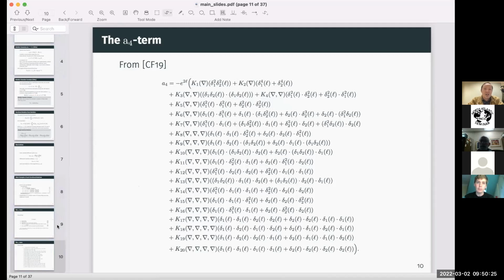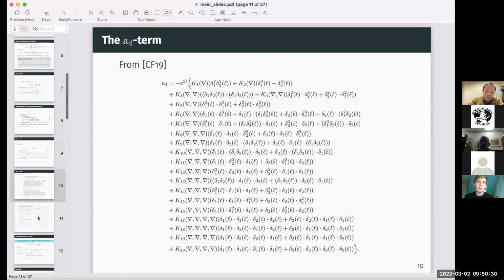Any questions so far about these notations? So you say you can basically do better than this result? Is that what you're saying? Or is this the result that is better than the previous one? You mean the A2 term? It says right here A4 equals, and it seems not very long for what I would expect. Oh, yes, I think what's long is those functions.